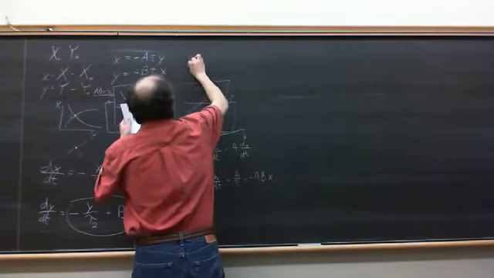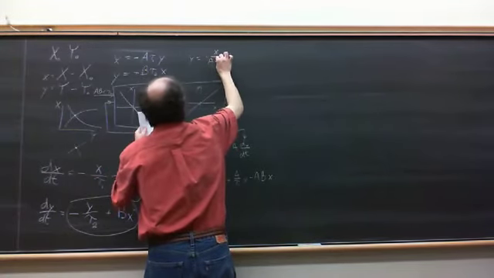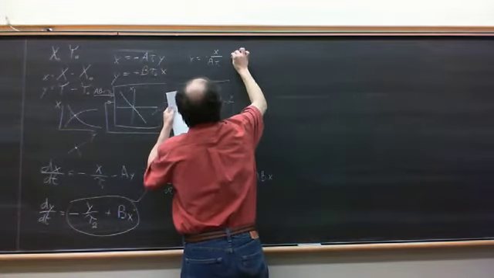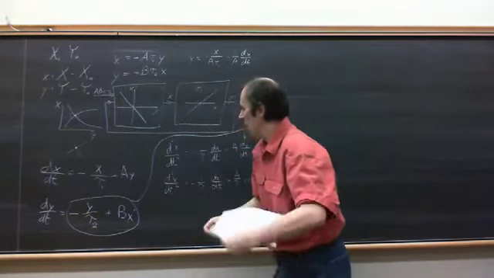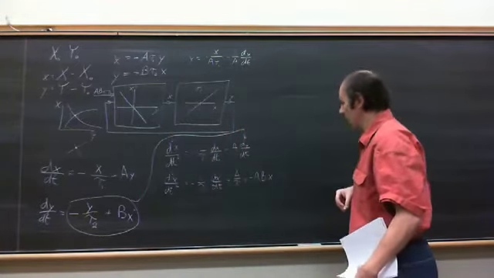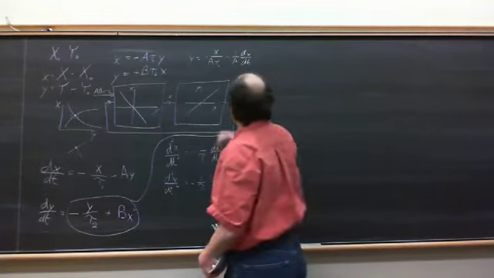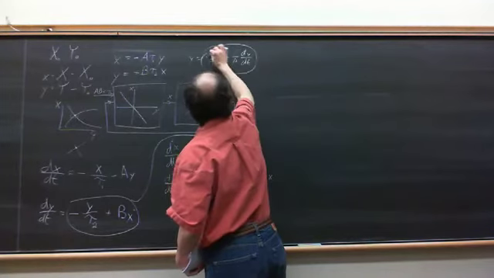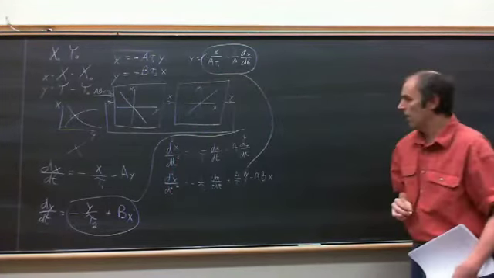And I get y is equal to minus x over a tau 1 minus 1 over a dx dt. That's just this, solved for y. And I'll take this and I'll substitute it in for the y.